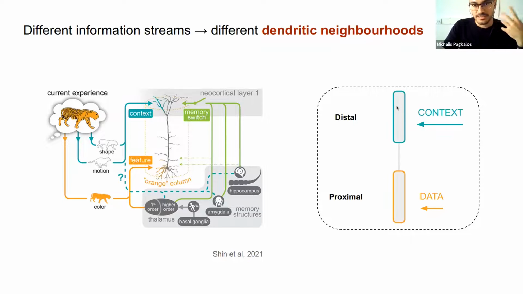The whole distal domain of the neuron shown here in the cortex is supposed to receive contextual information from higher order areas, whereas the proximal domain, or the basal dendrites, are supposed to receive the sensory information. And what are the functional implications of this?